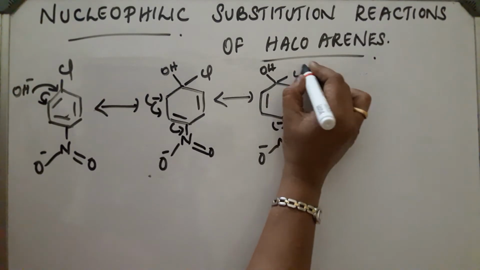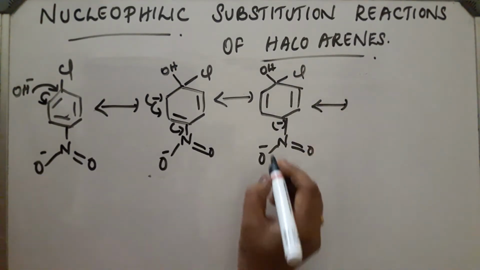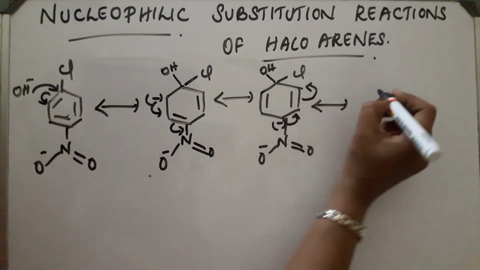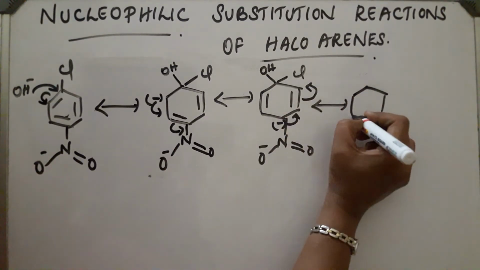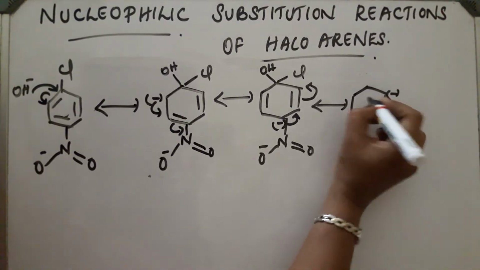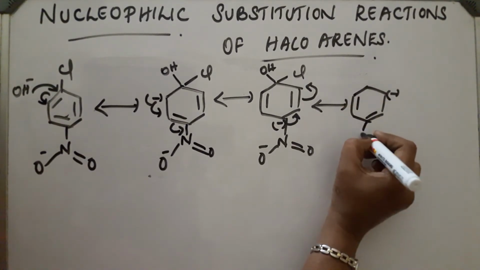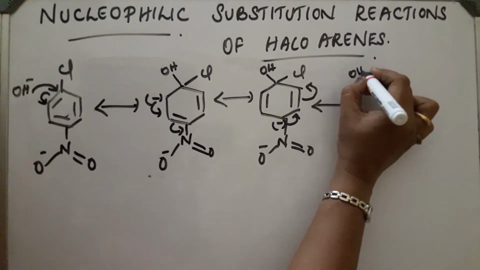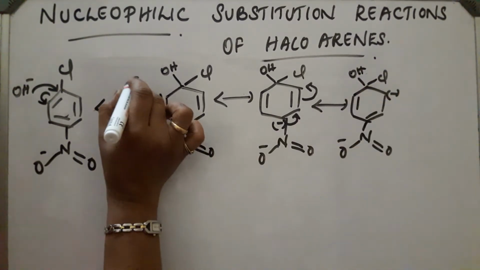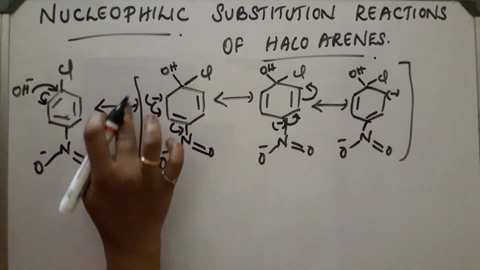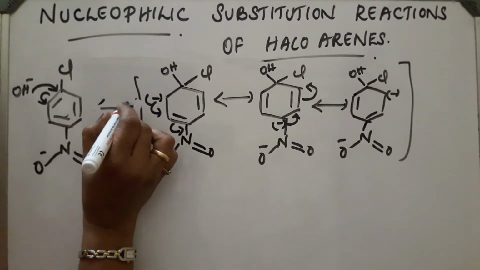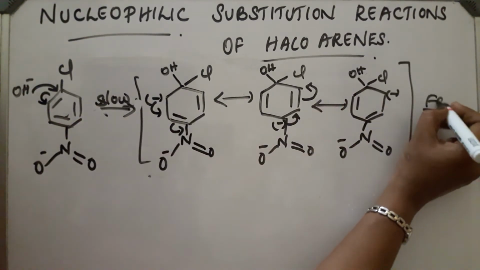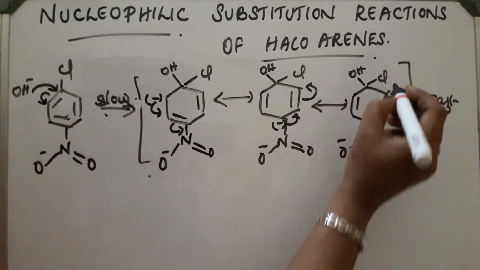Next structure: this minus charge moves here, like this. These are the slowest steps, the slow step. The next step is the fast step. So what will happen?